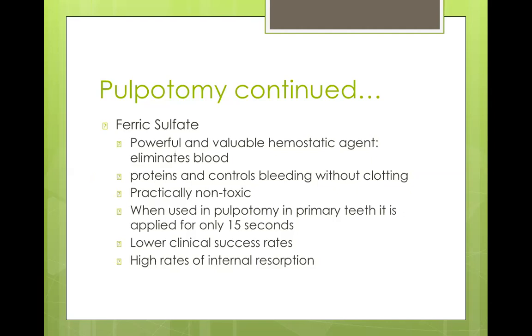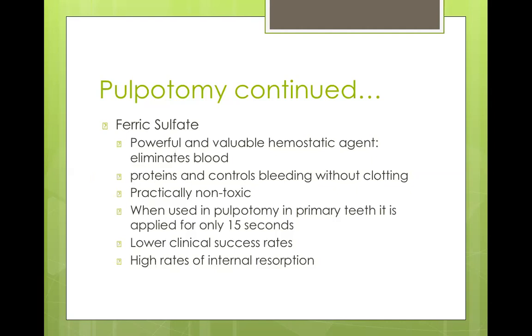It has lower clinical success rates. It tends to have some internal resorption as an untoward effect. And there was this report, I think about 4 or 5 years ago in the US, that some patients were getting sick after getting ferric sulfate pulpotomies, and this was because the heme in the ferric sulfate was feeding certain bacteria that were found to be growing in the water lines.